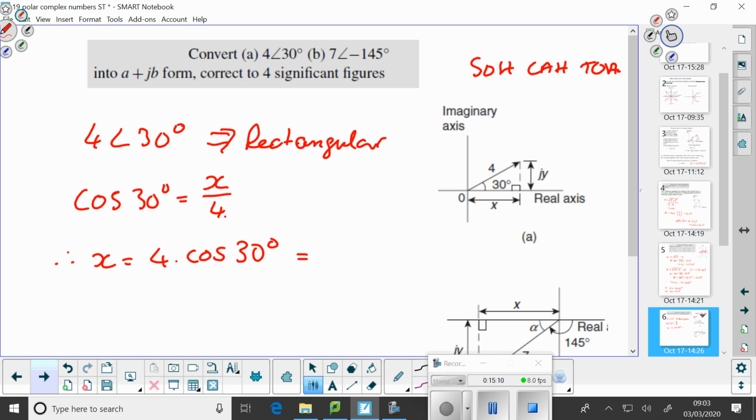Four significant figures, please. What is it?